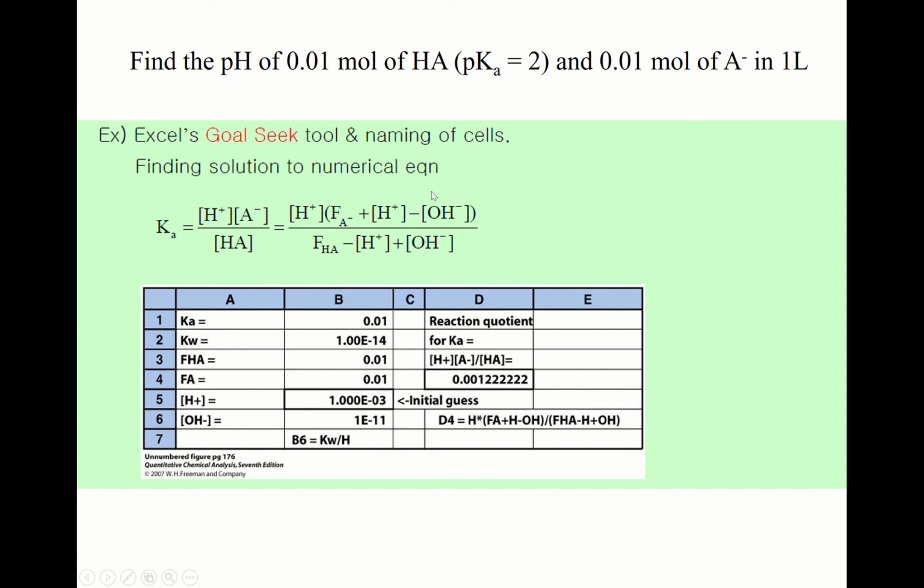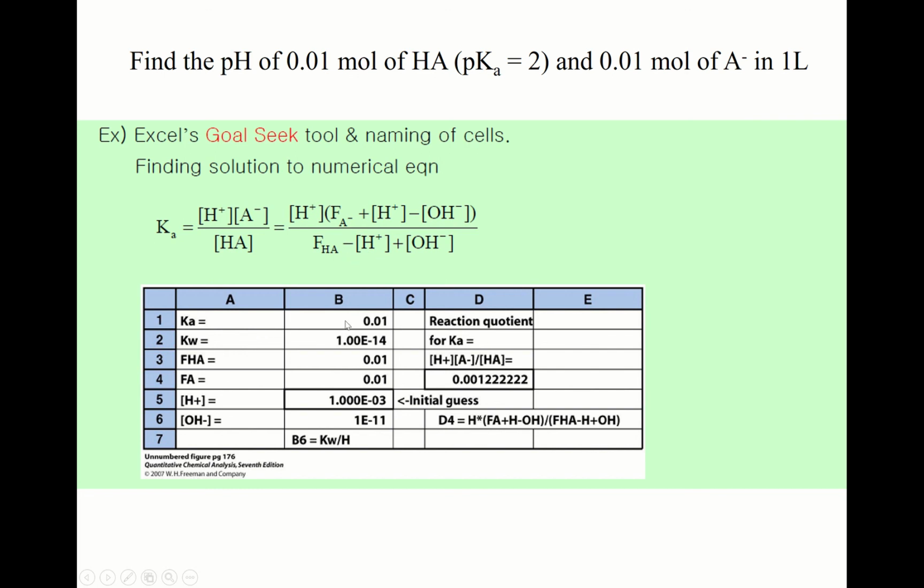Let's try Goal-Seek for this same question. The question is to find the solution pH, and we will use this equation. This is the exact equation with no assumption.